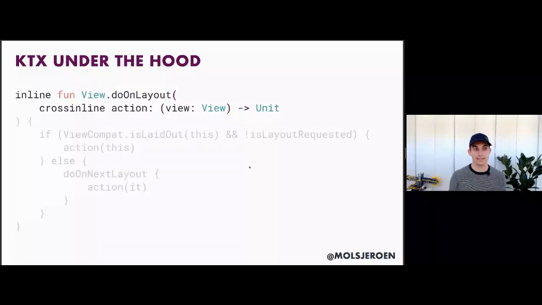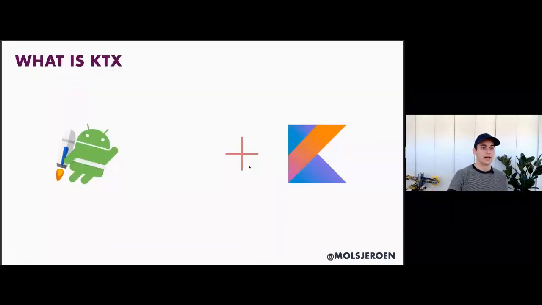That makes sure that if you call this function, you can move the lambda outside of the brackets to get this DSL-like syntax. If you now look at the doOnNextLayout function, it actually looks pretty recognizable, I guess, because this is the code that we had before, but here they take care of all of the heavy lifting for us.